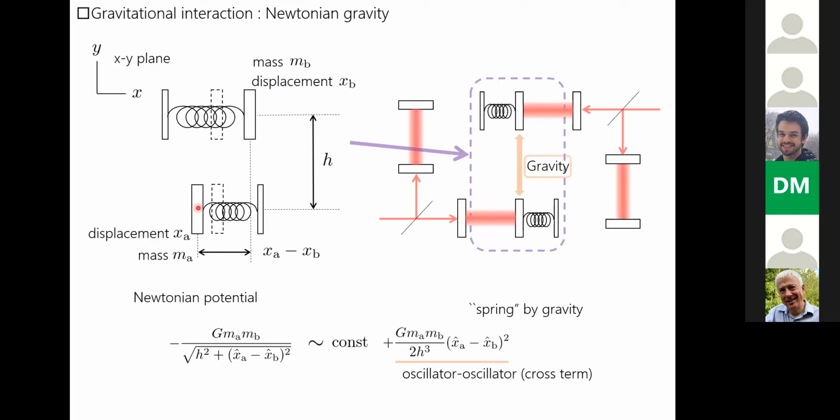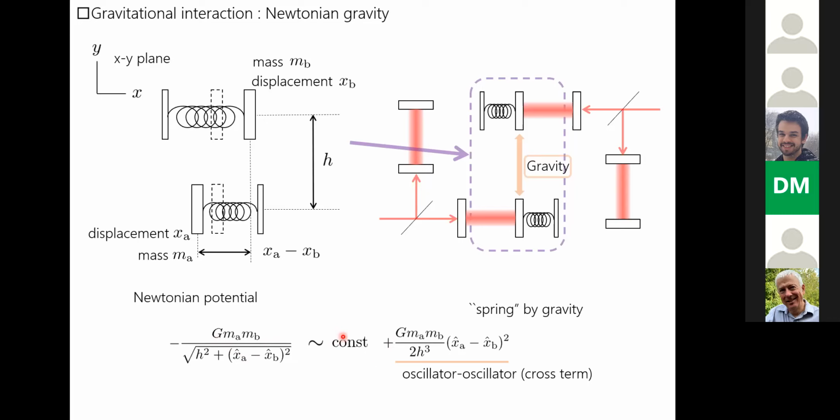The positions of the oscillators in the x direction are denoted by xa and xb, respectively. The distance between the two oscillators in the y direction is h. The Newtonian potential is given by this form, where ma and mb are the masses of the oscillators.